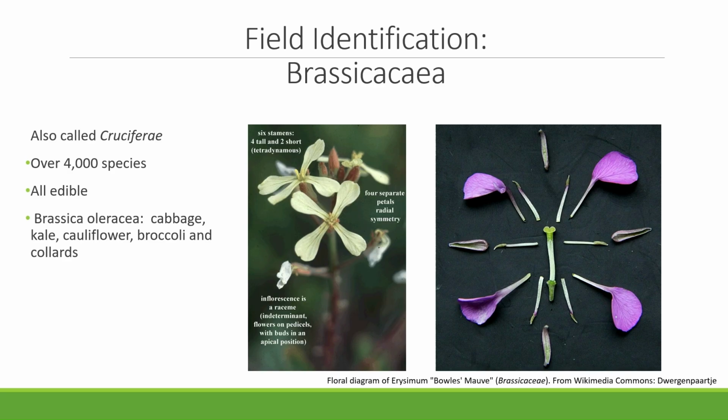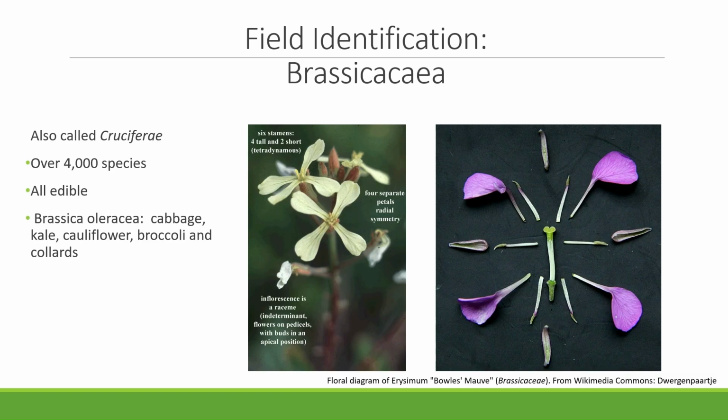The floral diagram on this slide shows the classic crucifer pattern and where it gets its name. Four petals and sepals are arranged in the shape of a cross. This is why the family was historically called Cruciferae. However, it has been renamed Brassicaceae, after its main representative member that humans use, the Brassica. And this sort of sepal and petal arrangement also comes with six stamens.